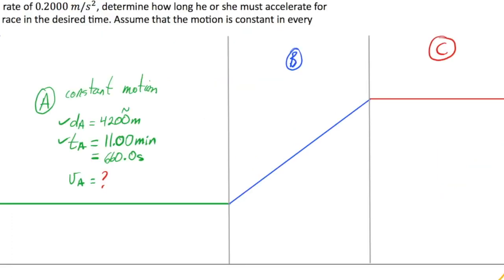Now let's focus on section B. On section B, we know the rate of acceleration. But since it's accelerated motion, we have the following kinematic parameters that we need to deal with. We have dA, VA1, VA2, acceleration in section A, and the time for section A. Except that should be all section B. Let's fix that.